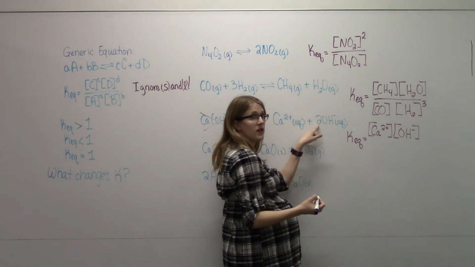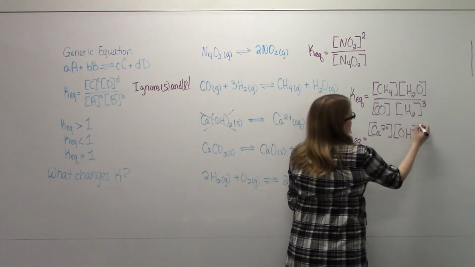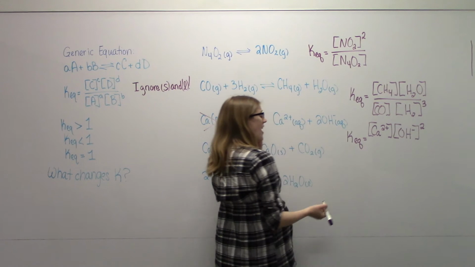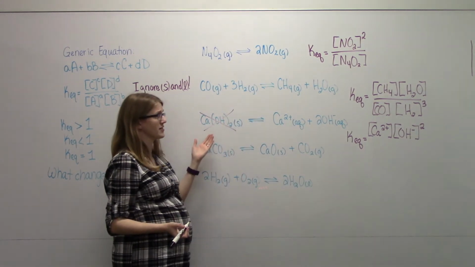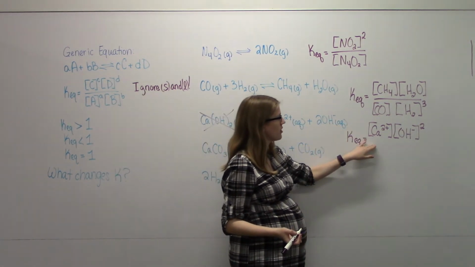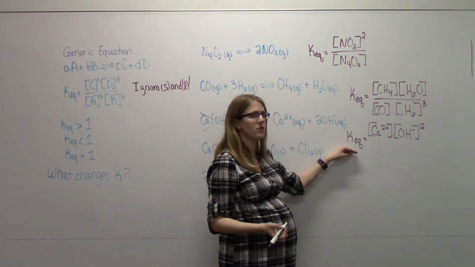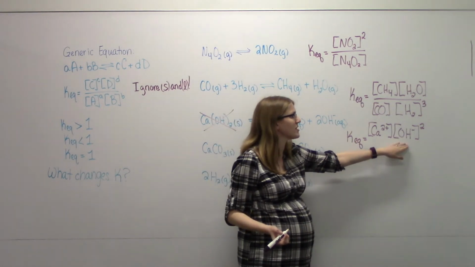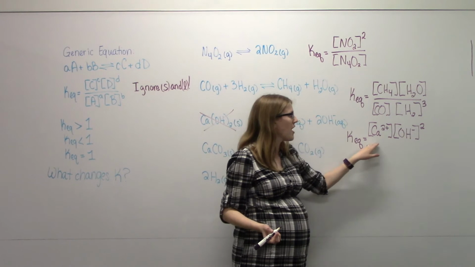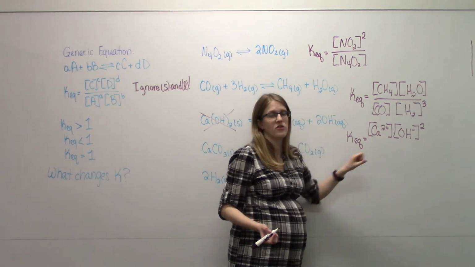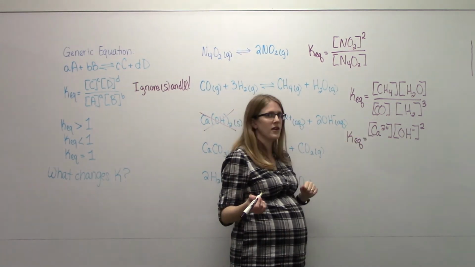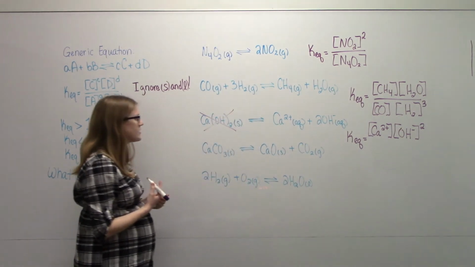But then we need to turn the coefficient into an exponent, squared. And I actually don't have any reactants here, so I could have written this a little bit lower and just said that the KEQ equals the concentration of calcium times the concentration of hydroxide squared. It's actually like divided by 1. You don't have to actually put that there. There it is.